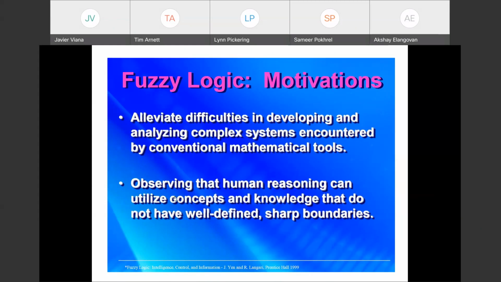But also another thing is, observing that human reasoning can utilize concepts and knowledge that do not have well-defined sharp boundaries. In a lot of cases, if we're going from expert knowledge, you may have an operator that describes something as good or bad or very good, very bad.